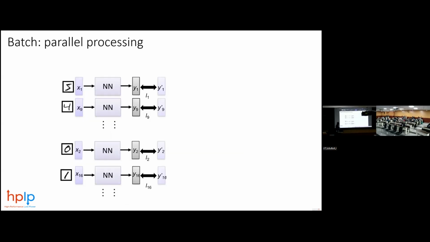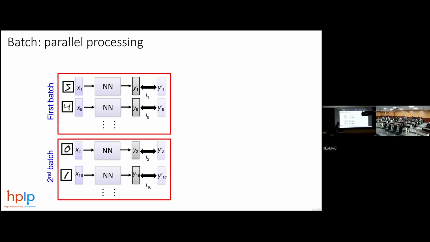Again, this batch thing, you do multiple of them in parallel instead of doing first this 5, then that 4, then this 0, then that 1. You do all of them in parallel because yesterday we talked about this single instruction, multiple data. GPUs are massively parallel, so you get the biggest advantage if they can do all those computations at the same time, with the same instruction. So this is a batch, this is another batch.